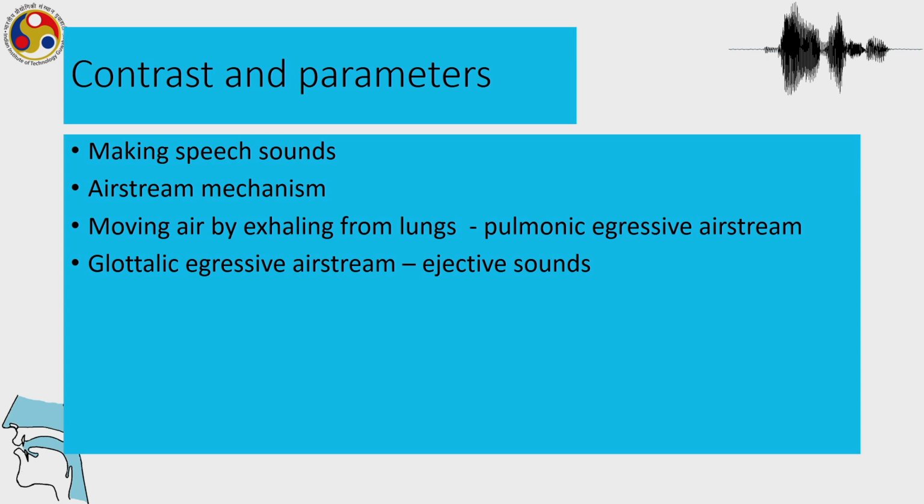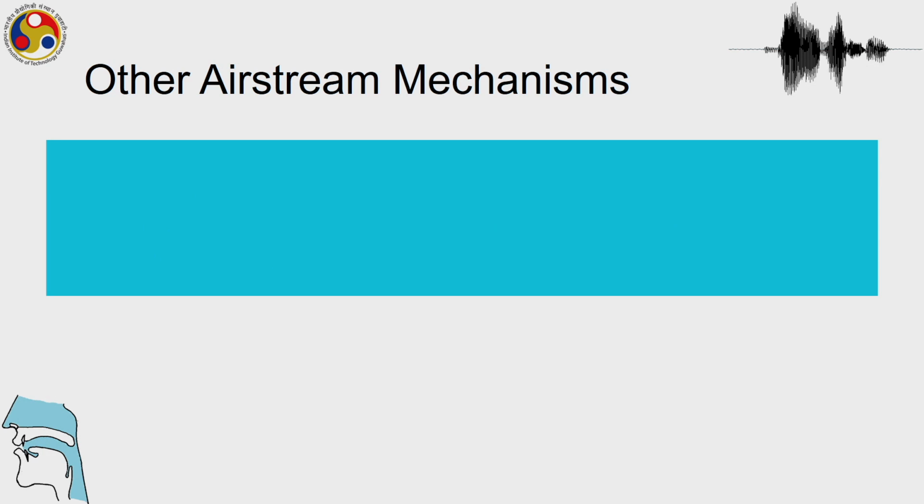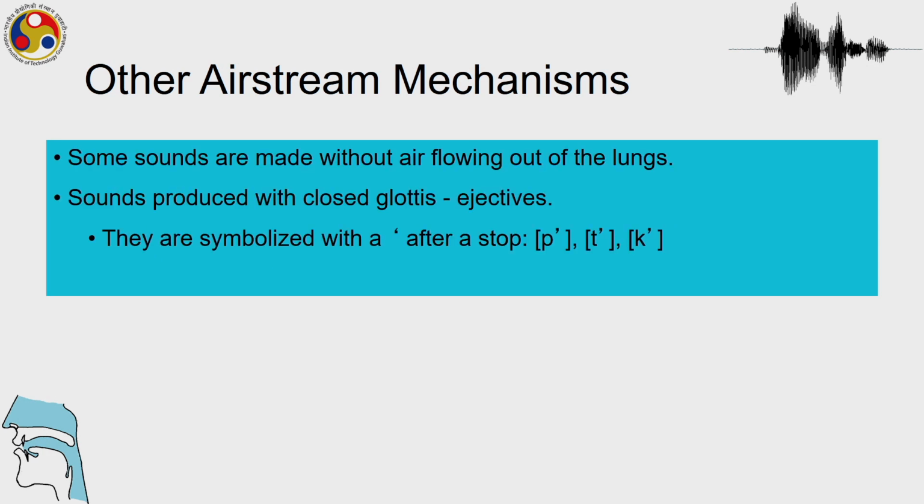The pulmonic egressive airstream produces most of the sounds, but then there is the glottalic egressive, which involves closures in the vocal tract and vocal folds. Compressed air is released with high pressure from oral closure, and then ejectives are made without air flowing out of the lungs. So this is the air in the closed glottis.